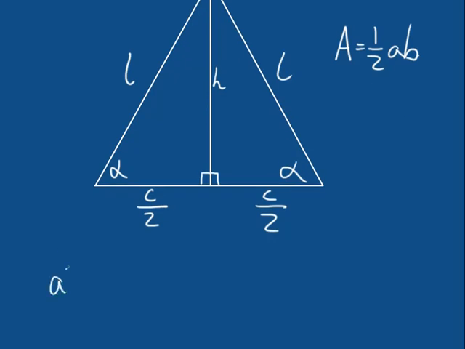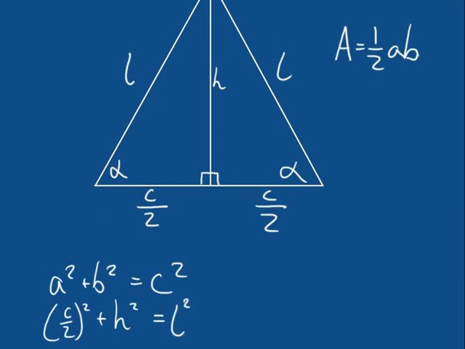We know it's a squared plus b squared equals c squared. How does that apply to this particular triangle? Well, let's say that a is c over 2, so it's going to be c over 2 squared, plus let's say b is h squared, and we know our hypotenuse, of course, is L, so that's equal to L squared.